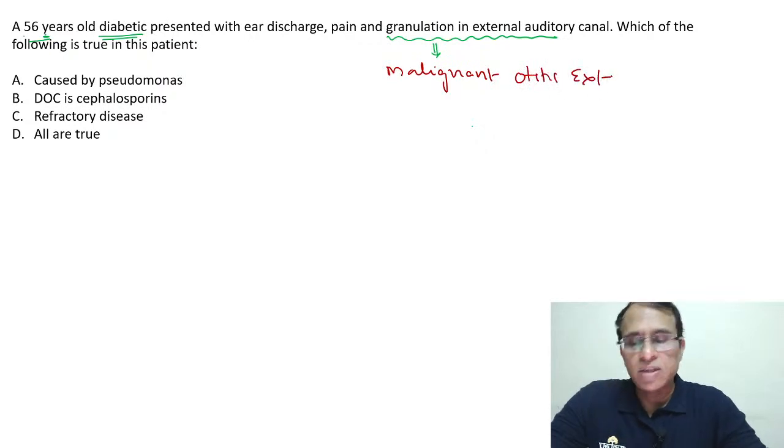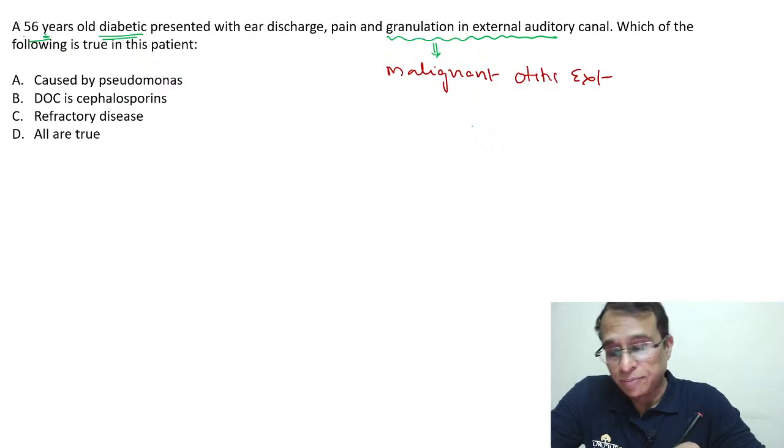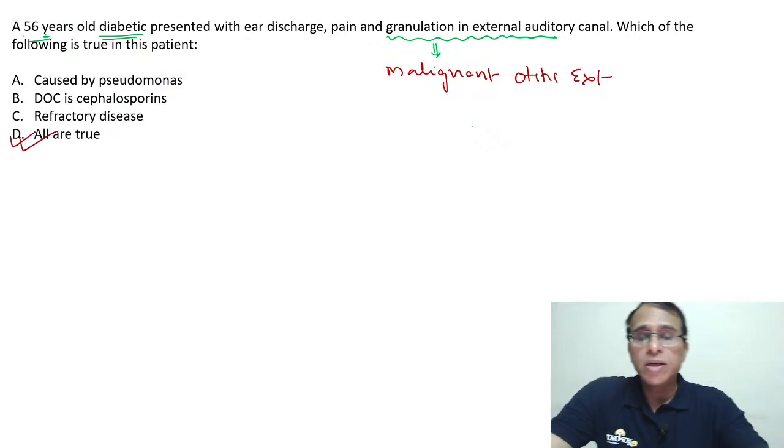And malignant otitis externa is caused by Pseudomonas. The drug of choice is 3rd generation cephalosporin, and refractory disease means it's difficult to treat. So it is a refractory disease, very difficult to treat, therefore all are true.